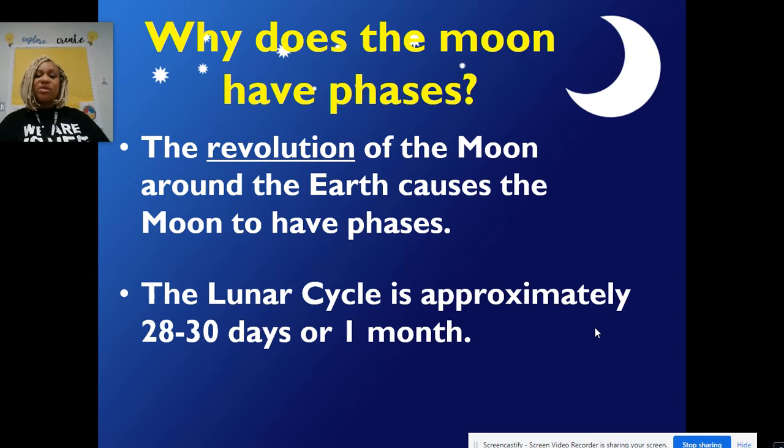So the lunar cycle is approximately 28 to 30 days or 1 month. And the reason why I say 28 to 30 days, because think about it, February sometimes has 28 days, right? February has fewer days, whereas another month has 30 days, or another month may have 31 days. So you have to be mindful that it just takes between 28 to 30 days.